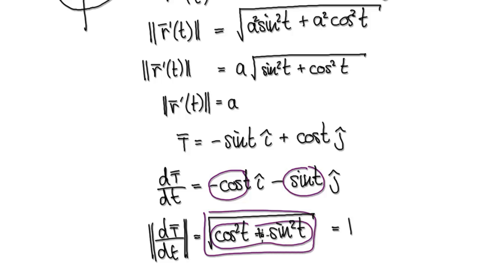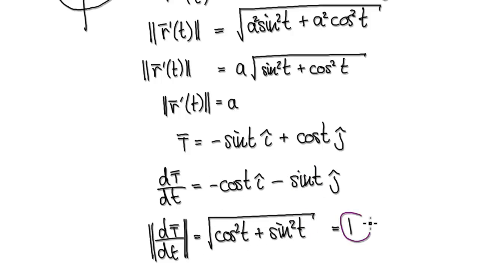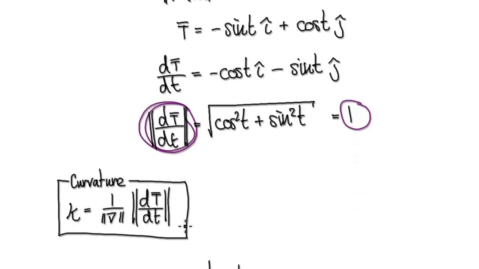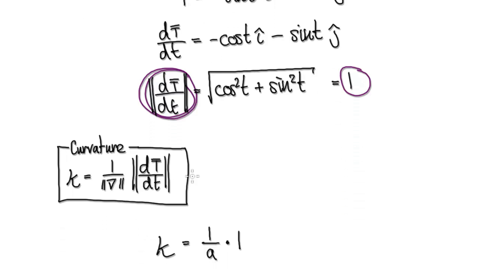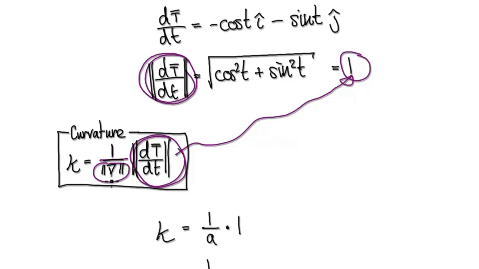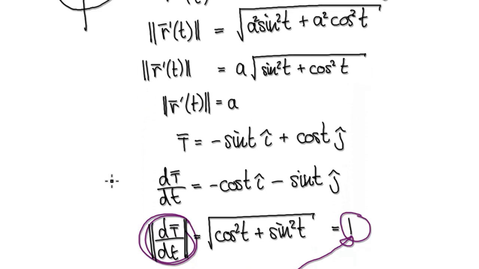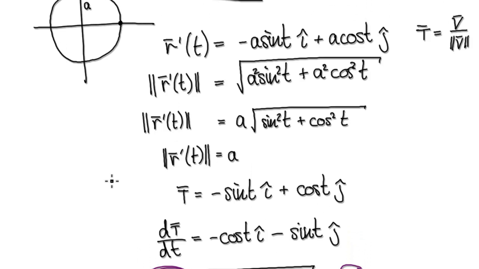Well, this thing here is the number 1. The square root of 1 is 1. Remember our formula for curvature is this thing here, which is the number 1, times 1 divided by the magnitude of the velocity. The magnitude of the velocity is A, and we've seen this.